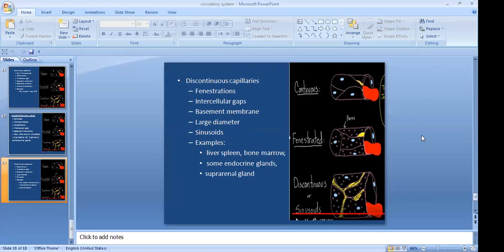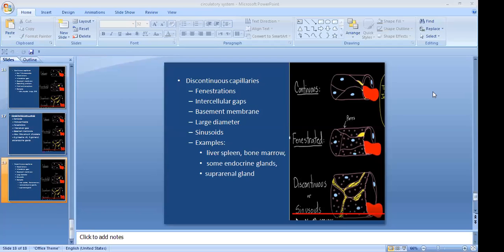Now discontinuous capillaries. We discussed the continuous capillaries and fenestrated capillaries. Now we are discussing the discontinuous capillaries. We will focus on three things: fenestrations, intercellular gaps, and the basement membrane. In case of discontinuous capillaries, the fenestrations are present but not covered by the diaphragm, and there are large intercellular gaps and a discontinuous basement membrane.